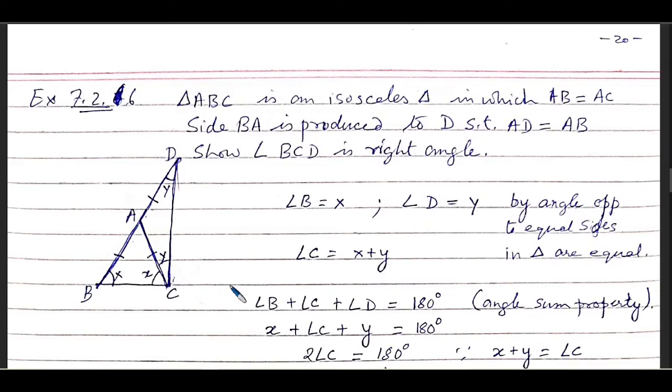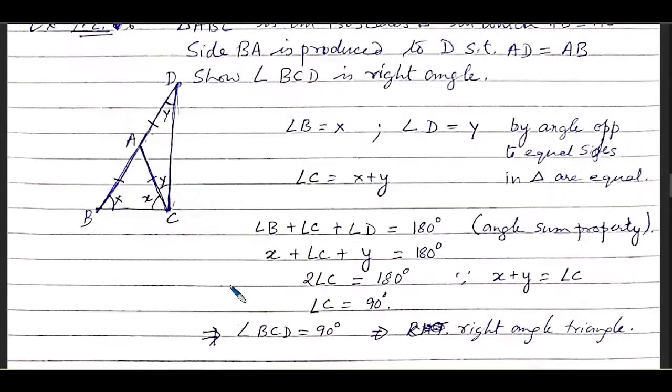So how do I go about proving it? What I have said, you have to write similarly. So angle B is equal to x, angle D I call y, angle C is x plus y. So I write angle B plus angle C plus angle D, angle B is x, angle C we have to find, and angle D is y, equal to 180.